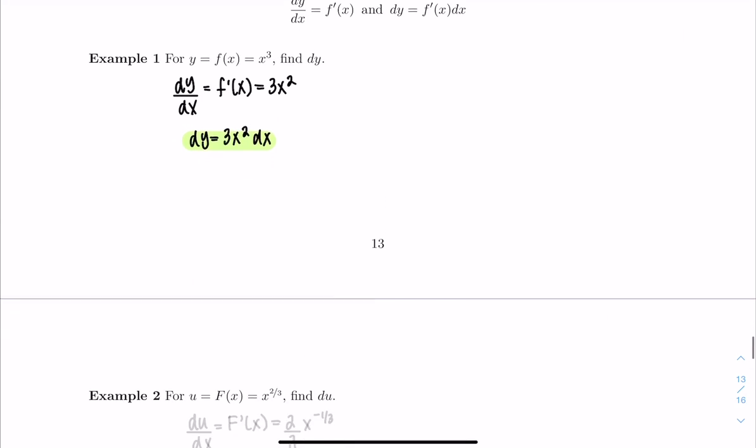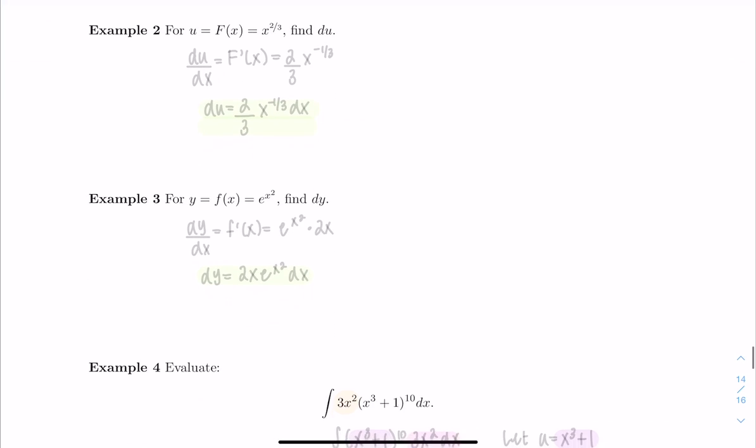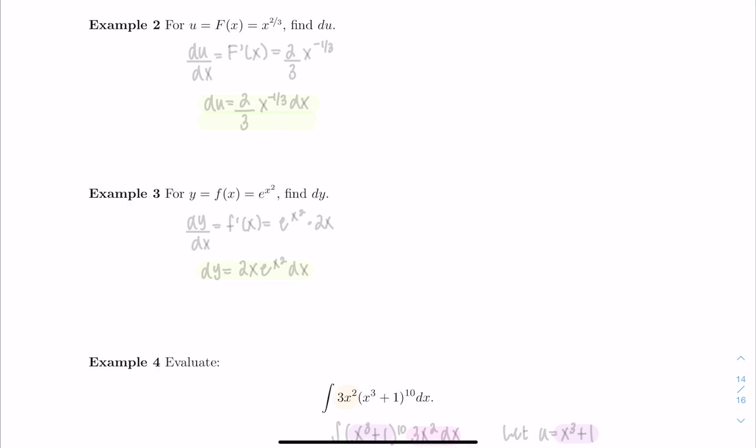Let's try another one. For u equals capital F of x equals x to the 2/3, we want to find du. The first thing we're going to do is find du dx, which is just capital F prime of x.